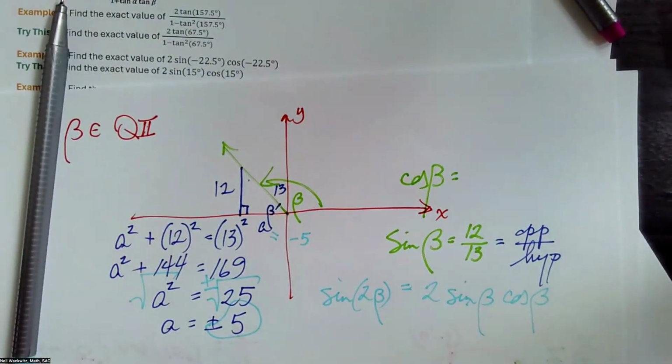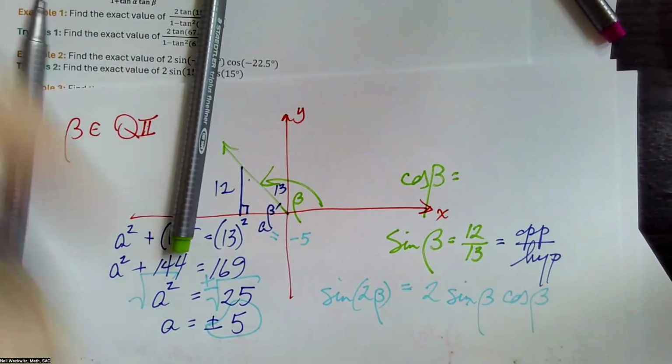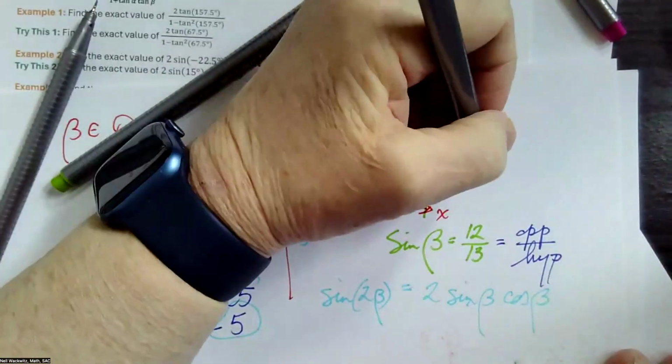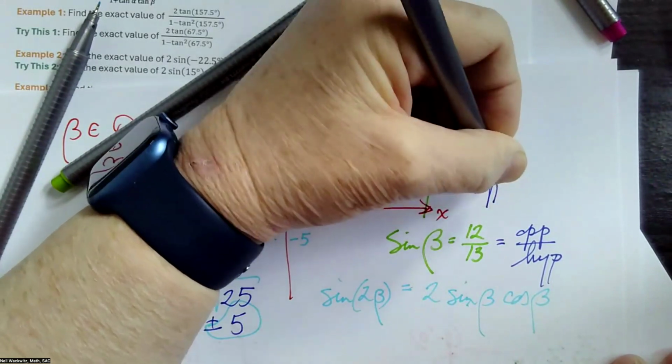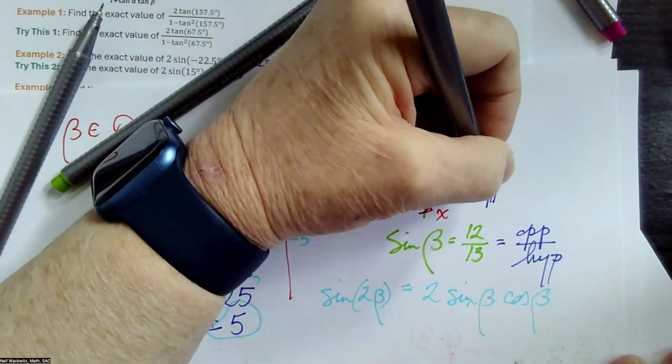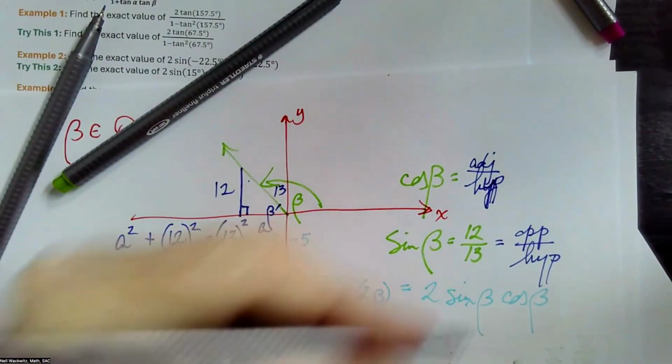In terms of the sides of a right triangle. Good, thanks. So we know that cosine is adjacent over hypotenuse. The adjacent is -5.